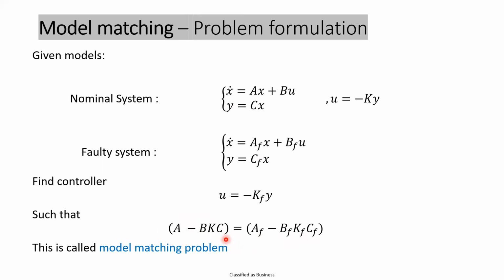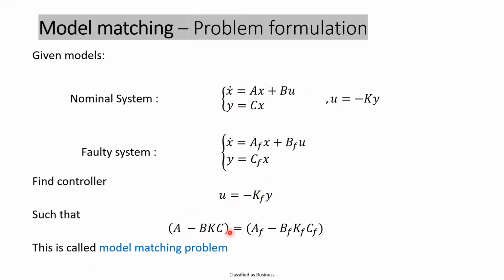If you substitute u with minus Ky, and y is equal to Cx, what you get is that x dot is equal to A minus BKC multiplied by x.